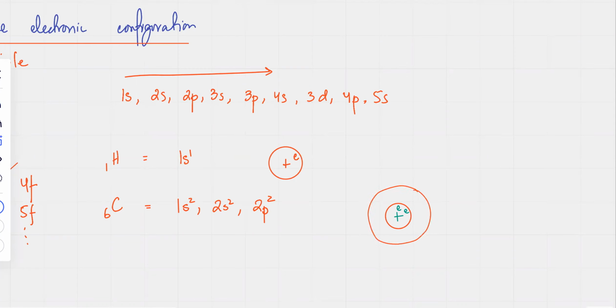These electrons would be occupying areas that are much further away. Remember, the two regions would be overlapping. The first 2 electrons are occupying a spherical region very close to the nucleus. These 2 electrons are occupying another spherical region, but that region is more energetic, which means the electrons are much further away from the nucleus and traveling much further, but they're still occupying a spherical region. Is this point clear?